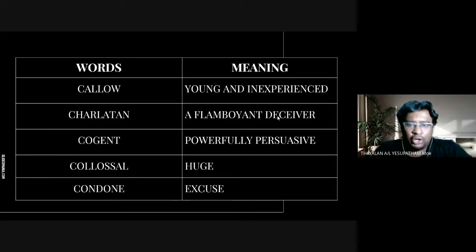Okay? Cogent, powerfully persuasive. A charlatan is always very cogent. Colossal, huge, very big. And lastly, condone is to excuse. So, callow, charlatan, cogent, colossal, condone.